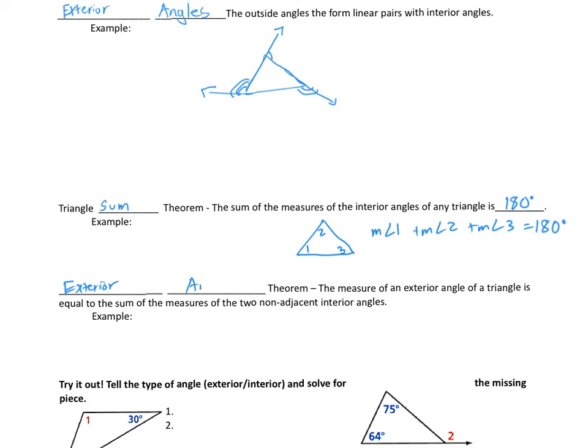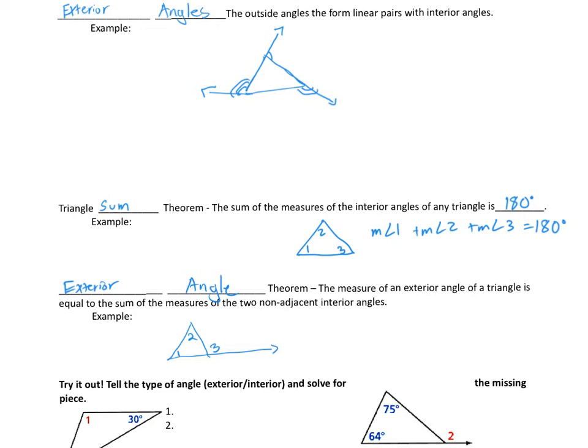After that, our exterior angle theorem. The measure of the exterior angle of a triangle is equal to the sum of the measures of the two non-adjacent interior angles. So if I were to draw, for example, a triangle here, and this would be my exterior angle, say this is 1 and 2, and we'll just call this one 3, this angle number 3 right here.